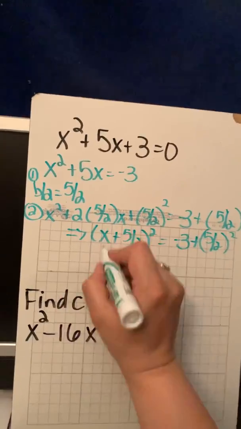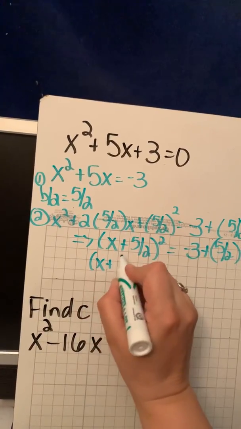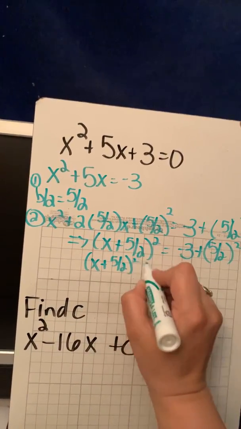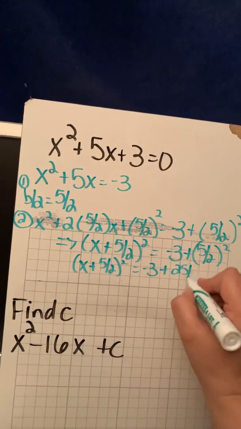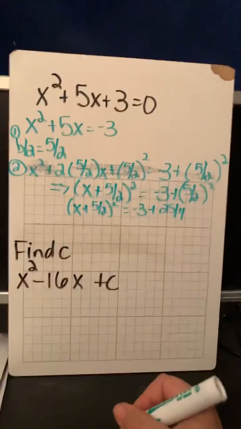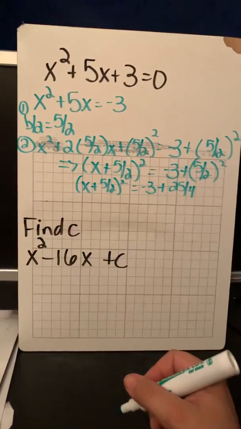From here we solve. So we've got x plus 5 over 2 squared equals negative 3 plus 25 fourths. Remember, you square both the numerator and the denominator on that one.